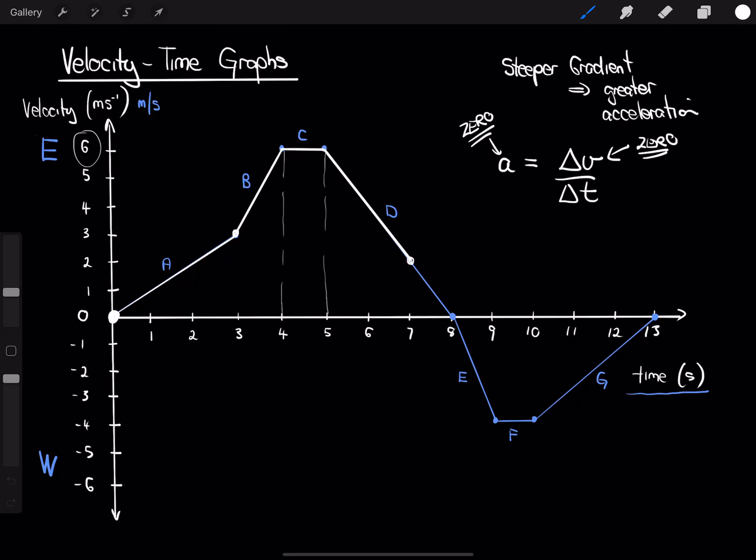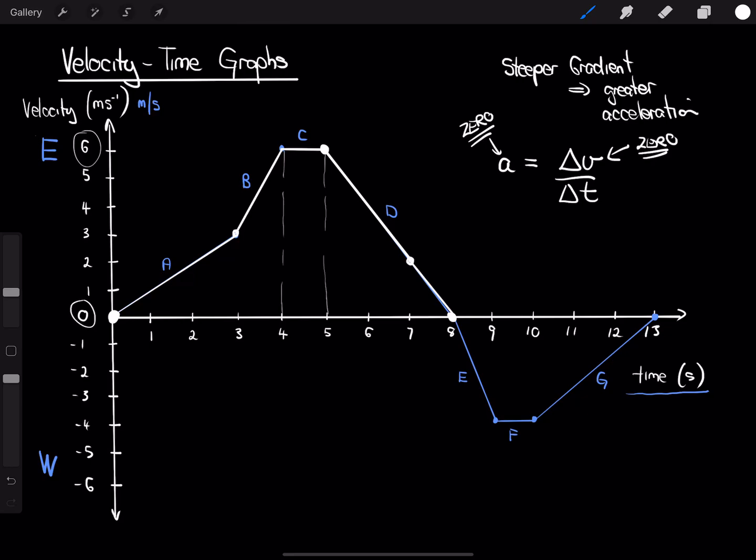So it's still travelling in the easterly direction, but it's not moving as quickly as it was at the 5 second mark. So its velocity is reducing, but it's still in the positive direction. If it keeps going, at the 8 second mark, at that instant, the velocity is 0.